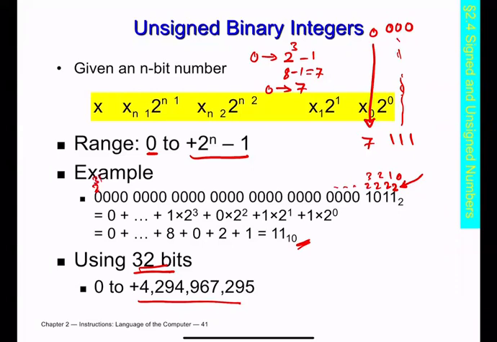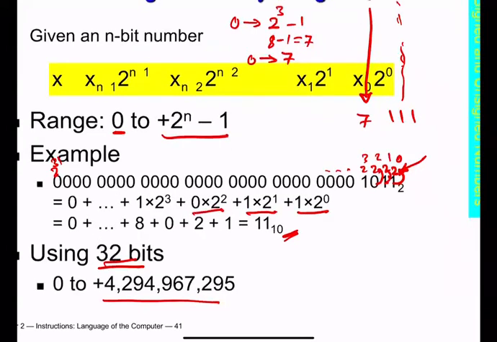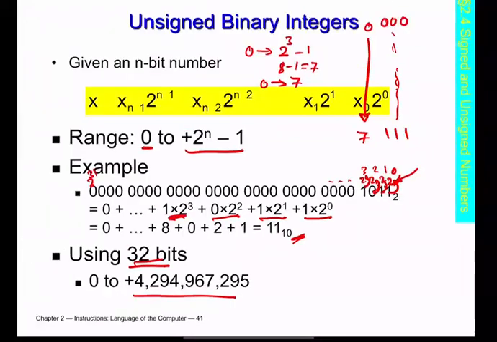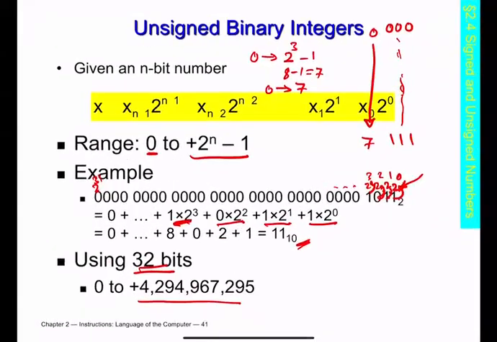What you need to do is just multiply whatever is there by the power: 1 multiplied by 2 to the power of 0, plus 1 multiplied by 2 to the power of 1, plus 0 multiplied by 2 to the power of 2, plus 1 multiplied by 2 to the power of 3, and so on. Then you will do all of this addition. At the very end, it will give you 11, which represents that binary number in a decimal sense.